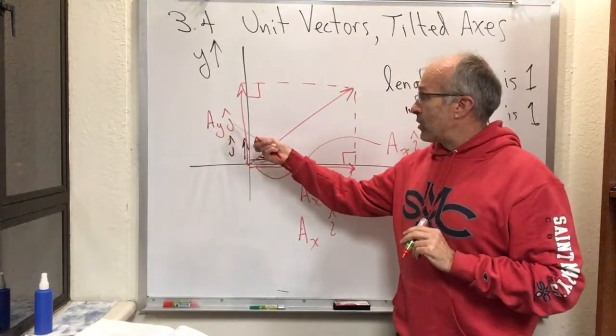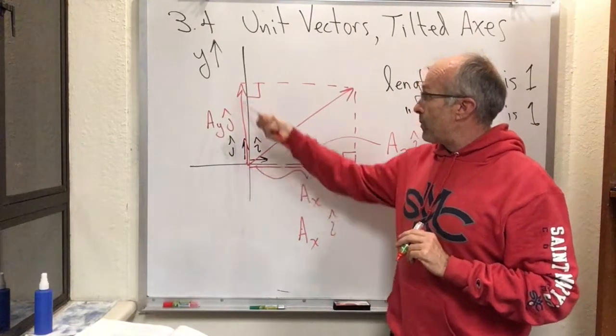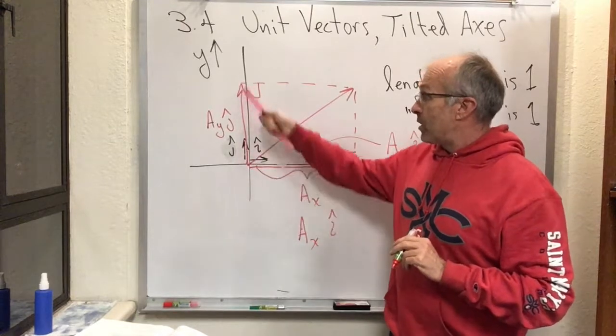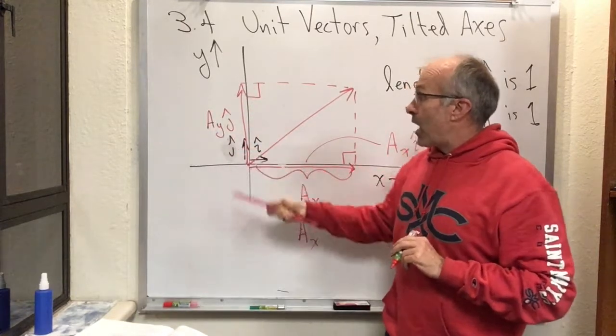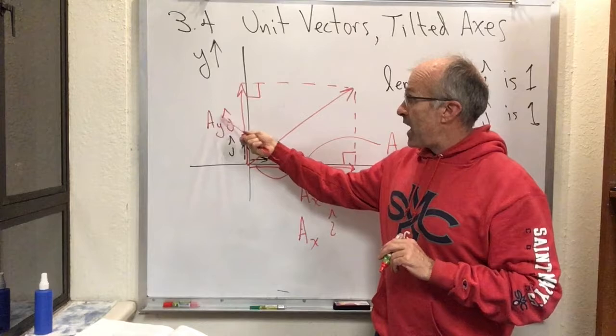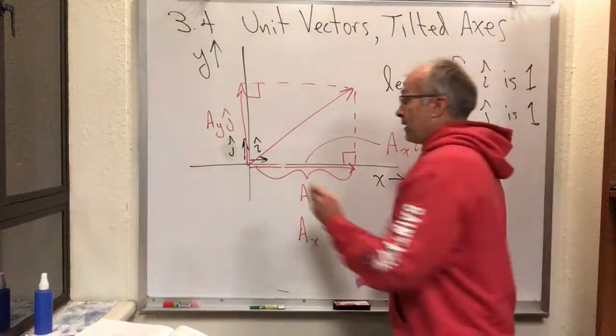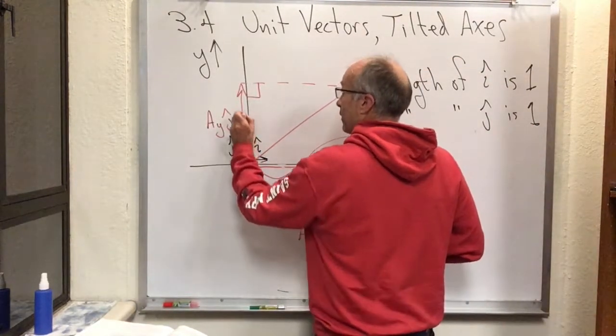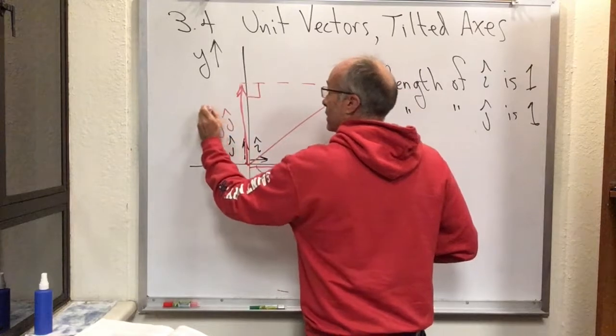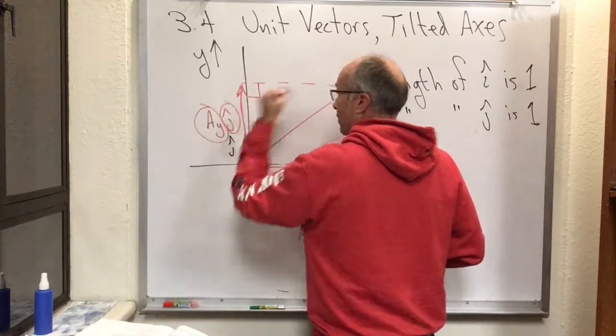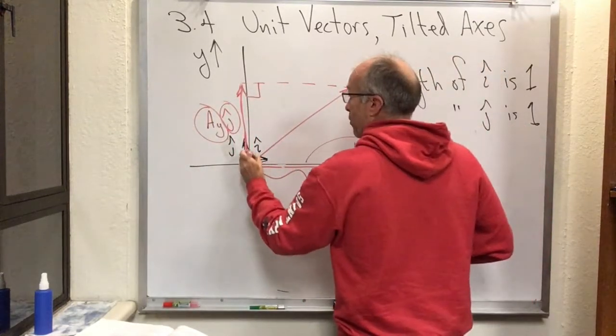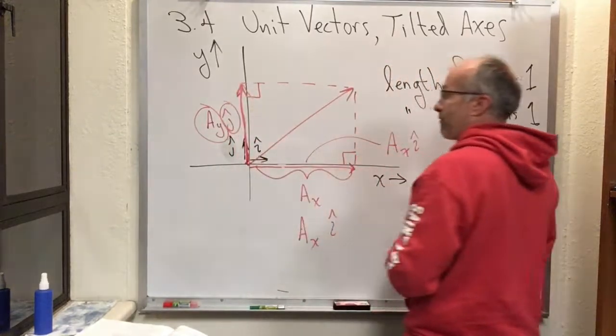Similarly, this vector, which goes from here up to here, is a vector which has length a sub y and is multiplied by j hat. So, okay, this is a vector, which is this scalar times this unit vector. That's a nice representation of that vector.